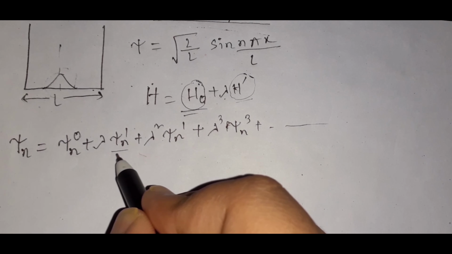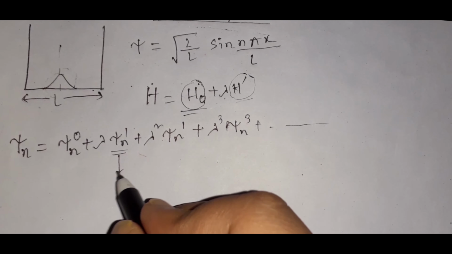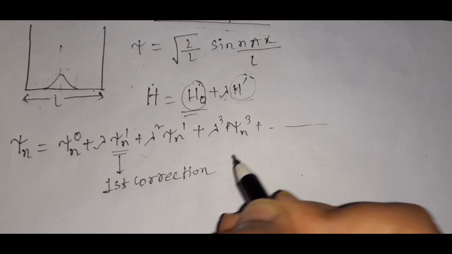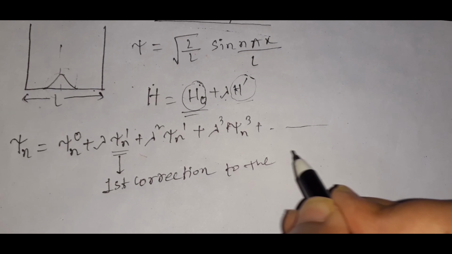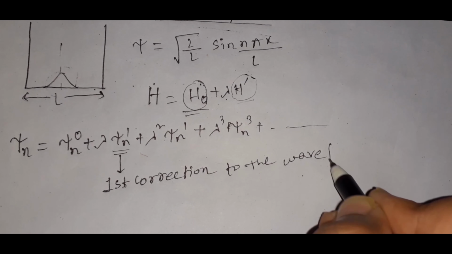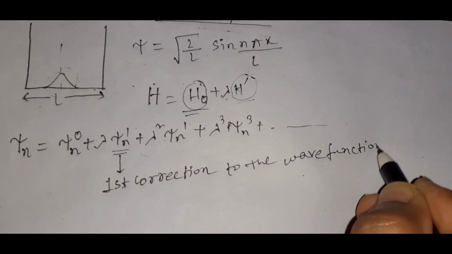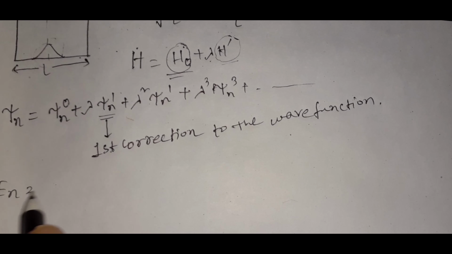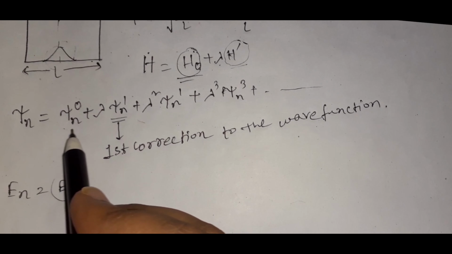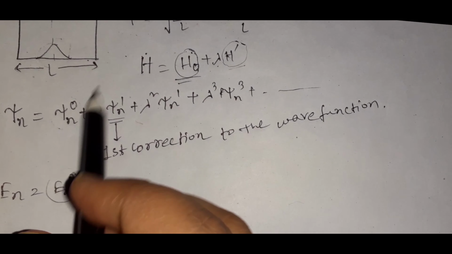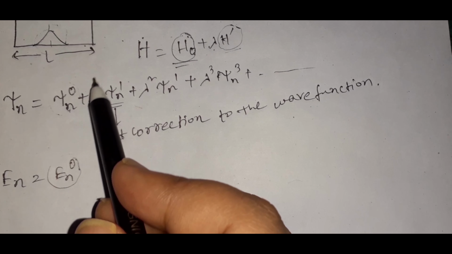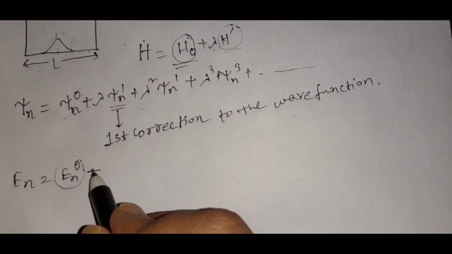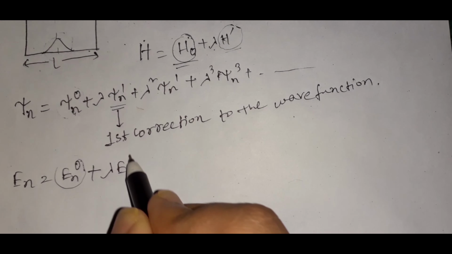Here psi n1 is the first correction to the wave function, and like this we are going to write the energy also. This is the exact solution which we get by solving the normal infinite square well potential.